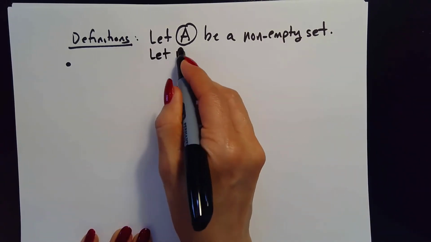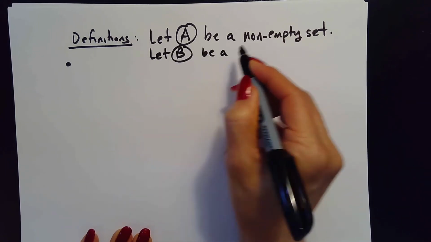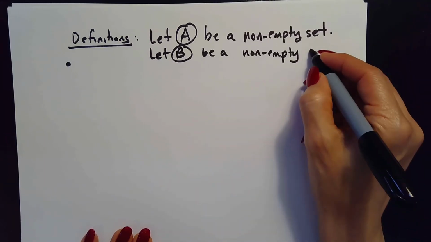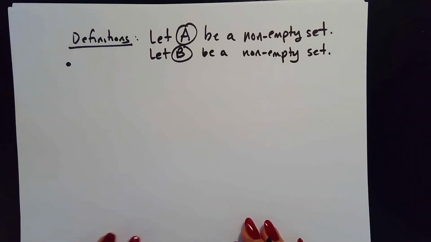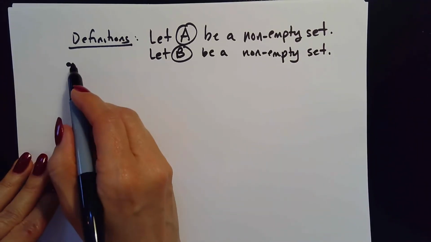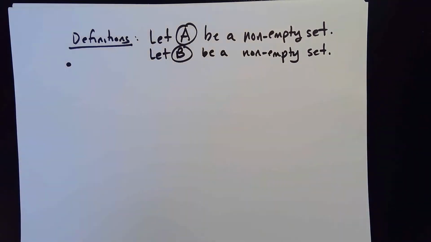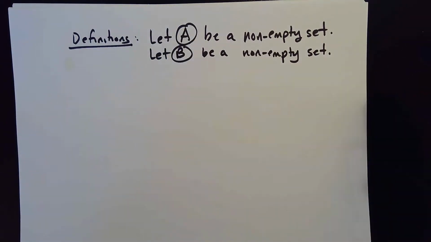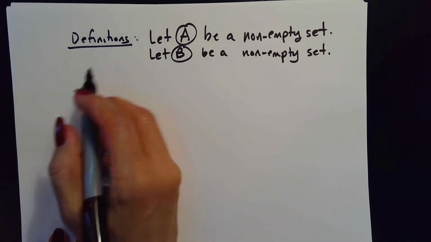Also let B be a non-empty set, because I'm going to use these two sets to define some things. And so the first thing I'm going to define is the complement of A. Suppose that these two sets are not empty. That means that they do have some elements.